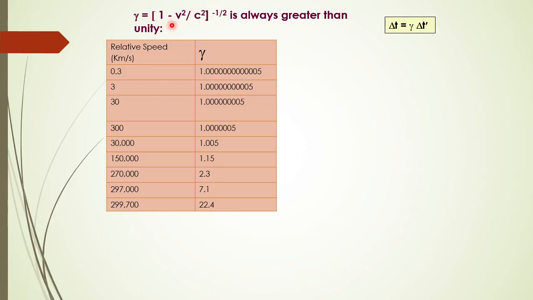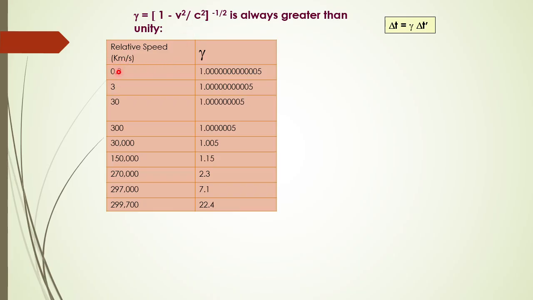So if the object is moving at the speed of light, the Lorentz factor will be infinite. Right, what happens if the two frames are not moving with respect to one another? Then v will just be 0. So you get 0 over c squared, which is 0, and then 1 minus 0 is 1, so 1 over the square root of 1 is still 1. So basically your Lorentz factor is 1 when the two objects have no relative speed.